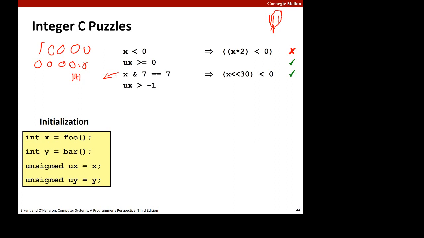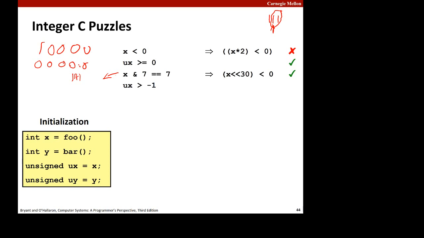Is ux greater than minus 1? So the answer is no, but it's not for the obvious reason, right? So what's a counterexample to this? So first of all, what will be anything that is not the right answer?